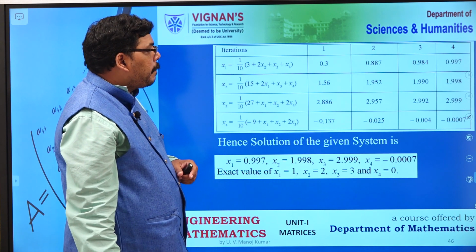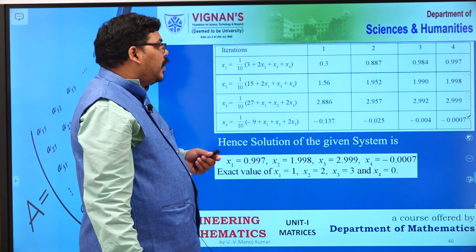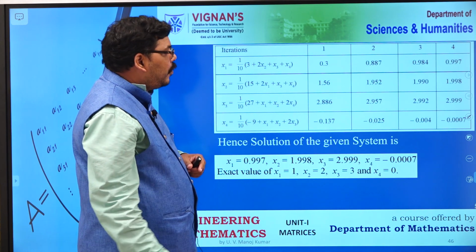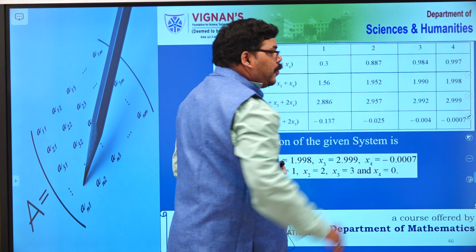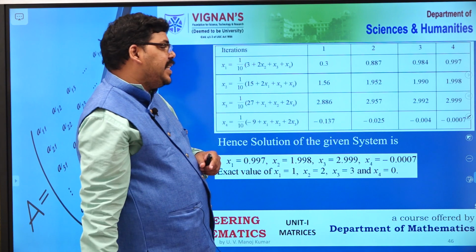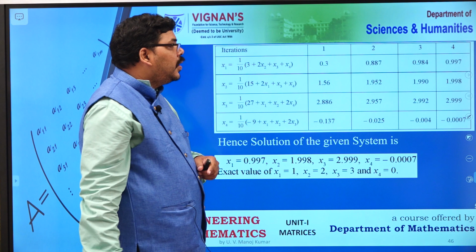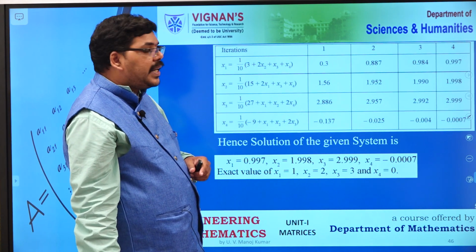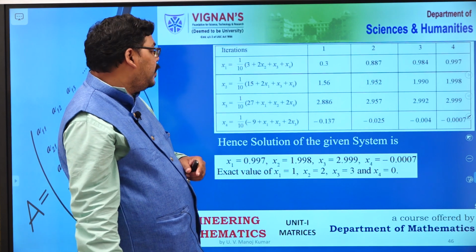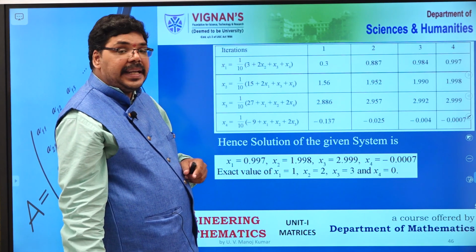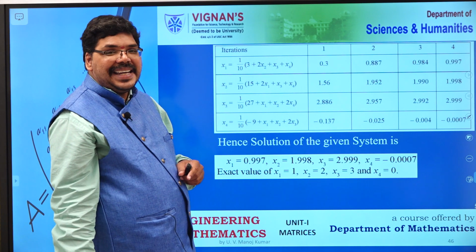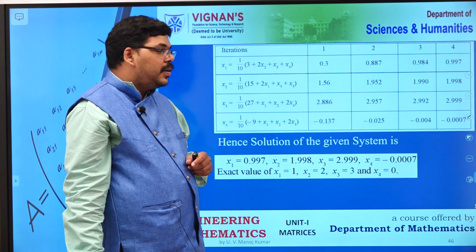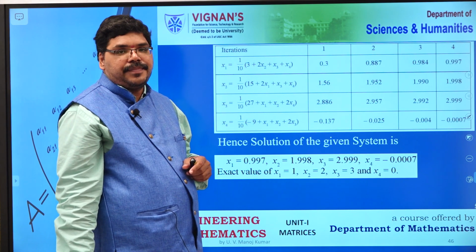If you see the third and fourth iterations, x1 is 0.984, 0.997. For x2, the third iteration value is 1.990 and the fourth iteration is 1.998. For x3, 2.992, 2.999, x4 minus 0.004 and minus 0.0007.